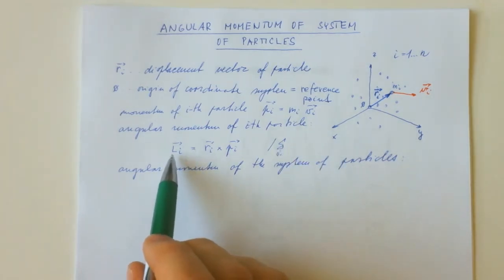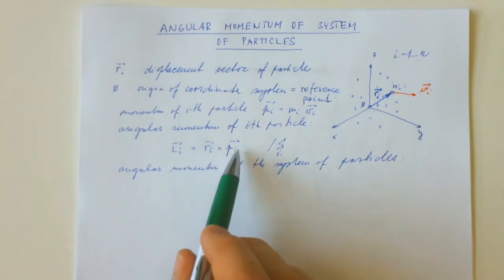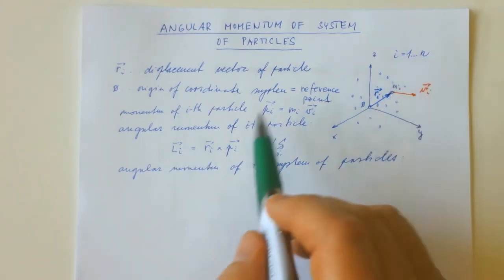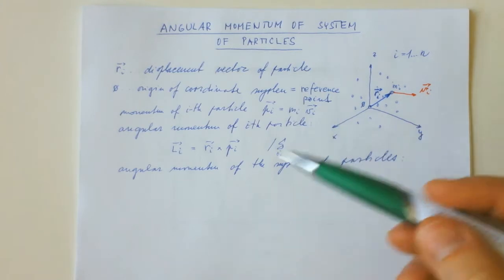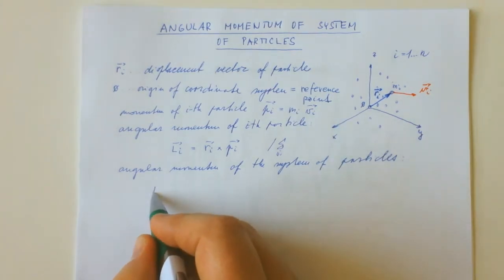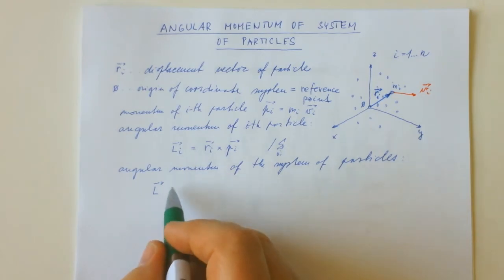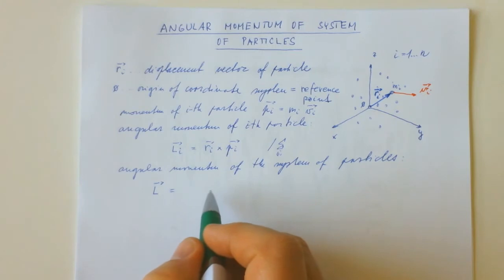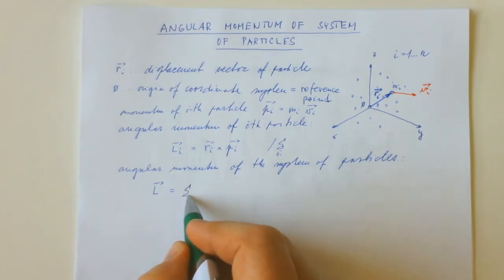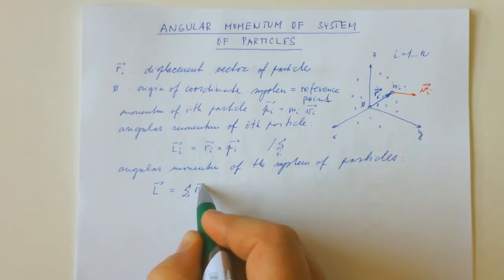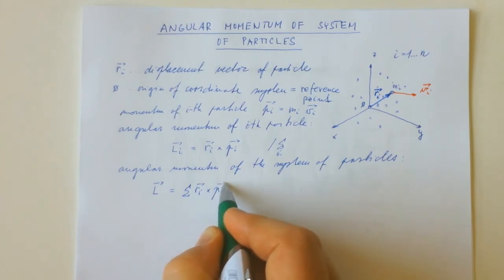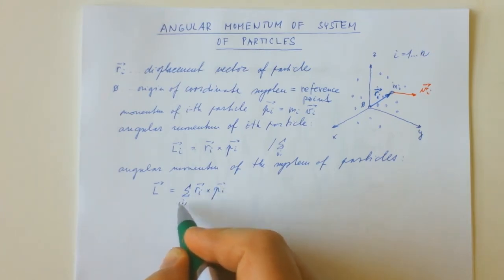So we have here n equations from 1 to n, and we sum them all together and we get L, the total angular momentum, given by the sum of Ri cross pi over all i.